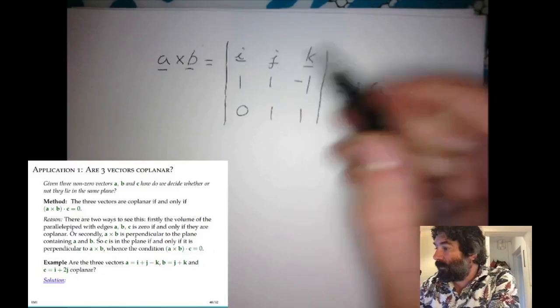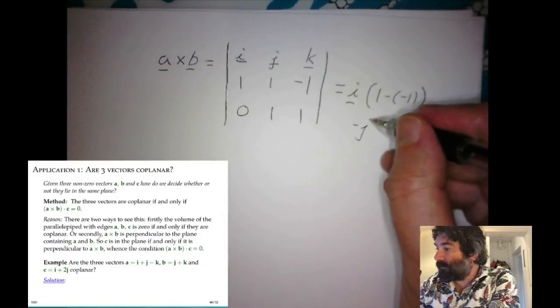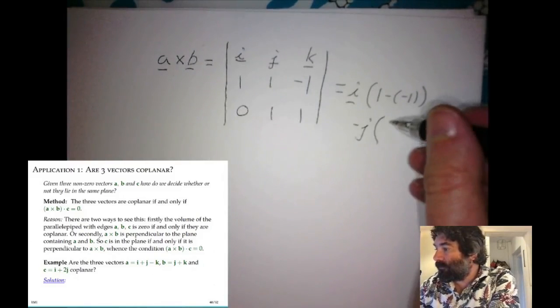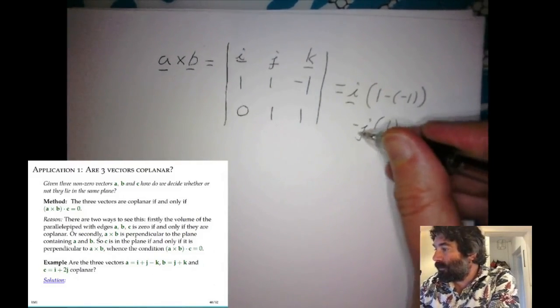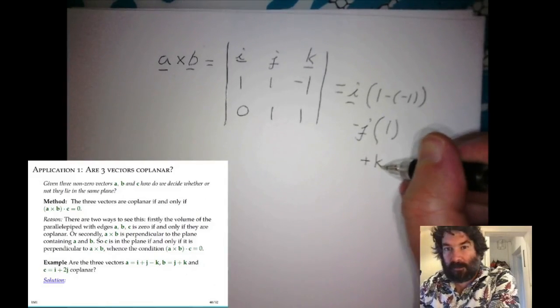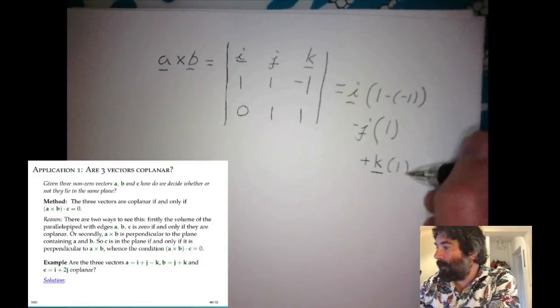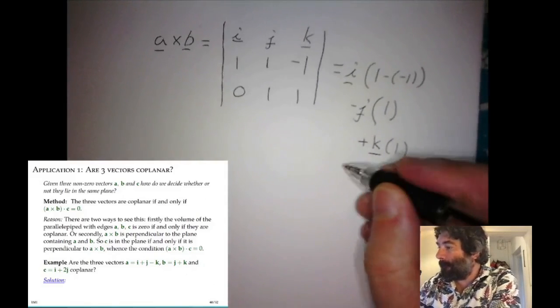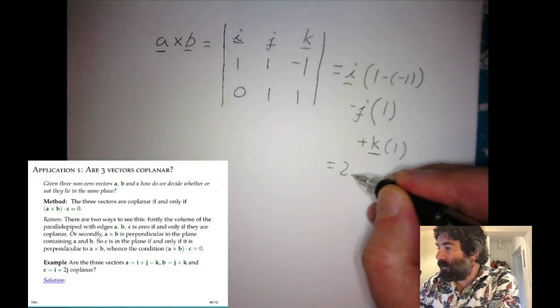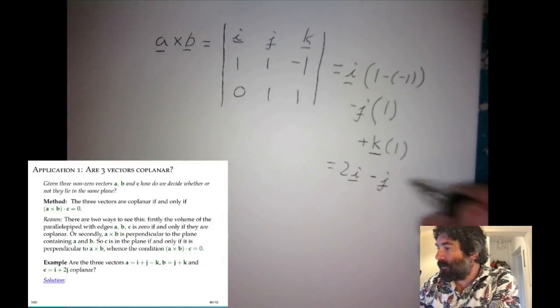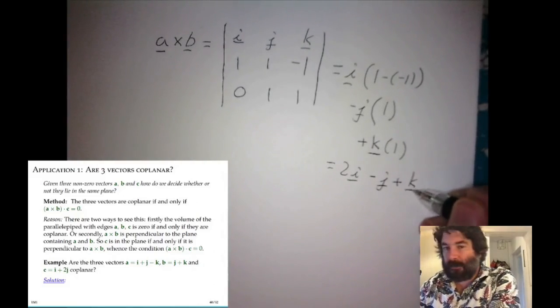And then we have minus J times 1 plus K also times 1. And so this cross product is 2I minus J plus K.